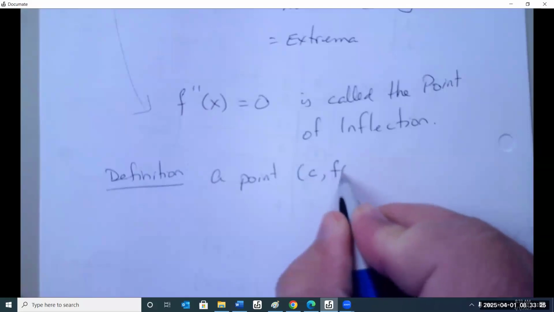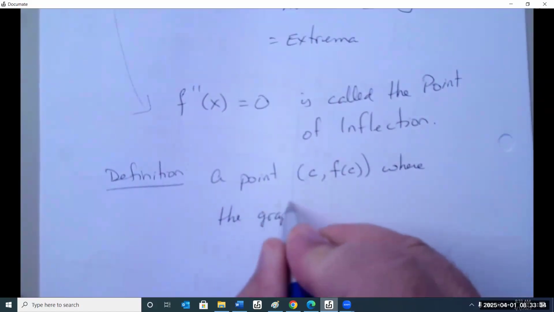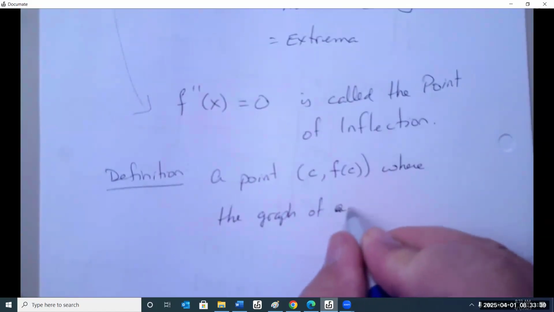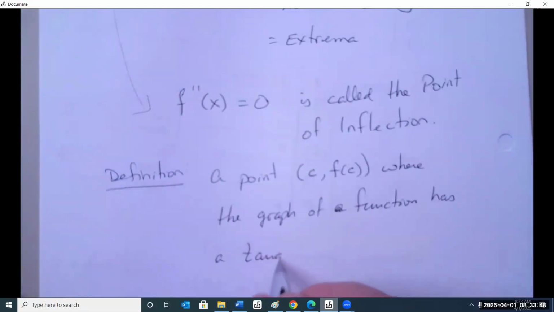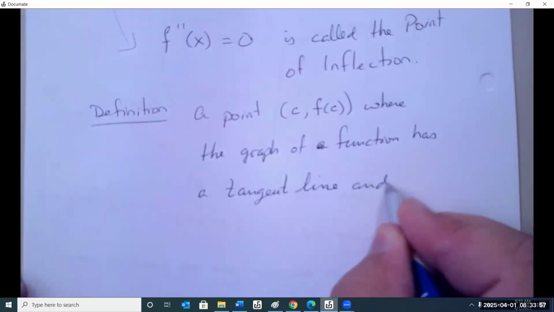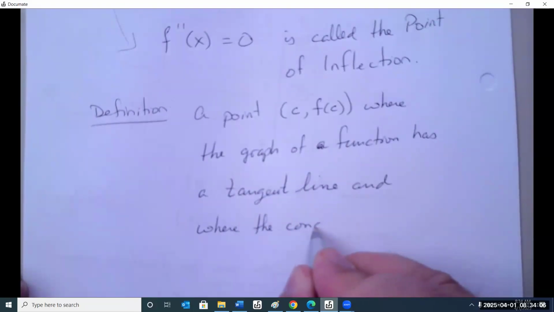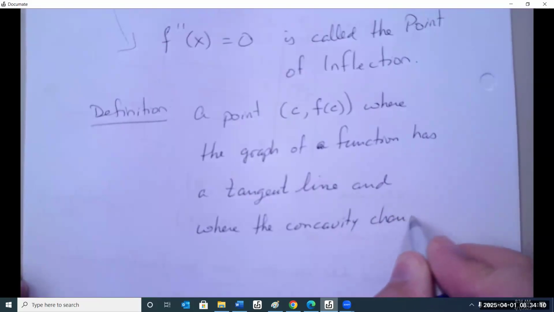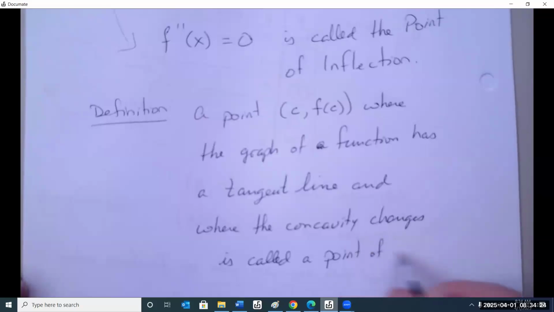A point C, f of C, where the graph of a function has a tangent line and where the concavity changes is called a point of inflection, which I call POI.